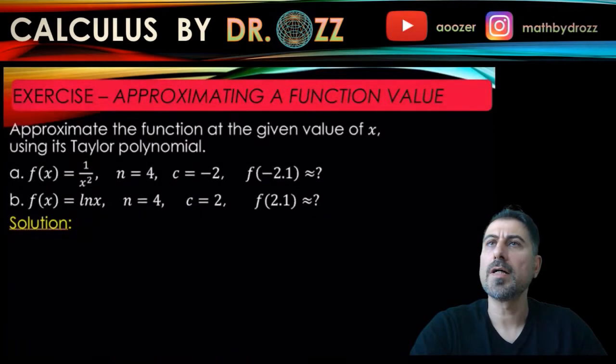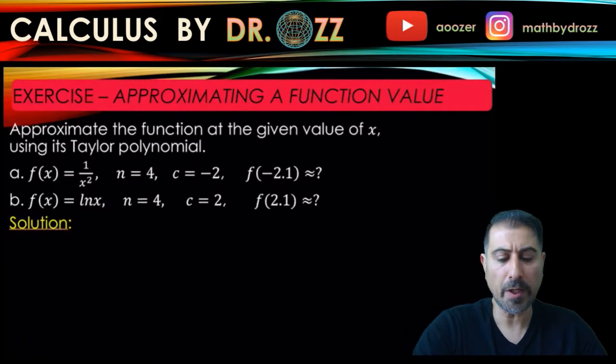All right, let's start with part A. So the function is 1 over x squared, and we're going to retain the Taylor polynomial of order 4. The Taylor polynomial is written at c equals -2. And by using the Taylor polynomial, I'm going to try to guess what the value of this function at -2.1 could be, okay?